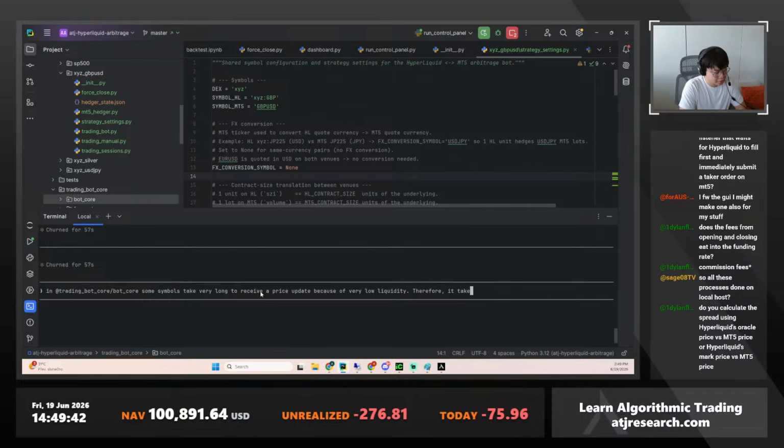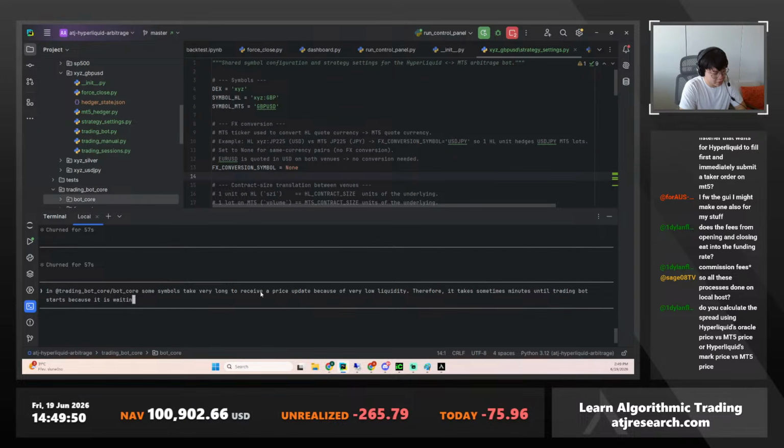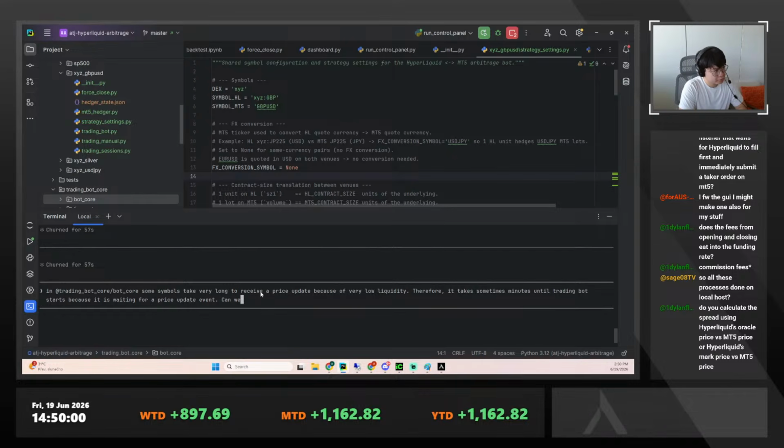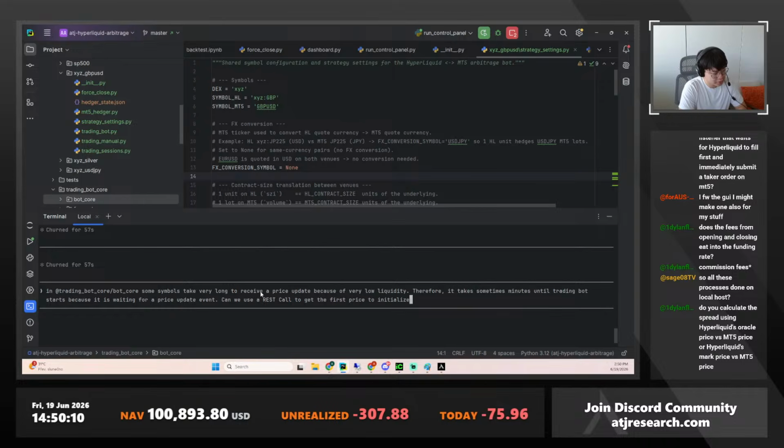Therefore, it sometimes takes minutes until the trading bot starts, because it is waiting for a price update event. Can we use a REST call to get the first price to initialize the trading bot to start it immediately?